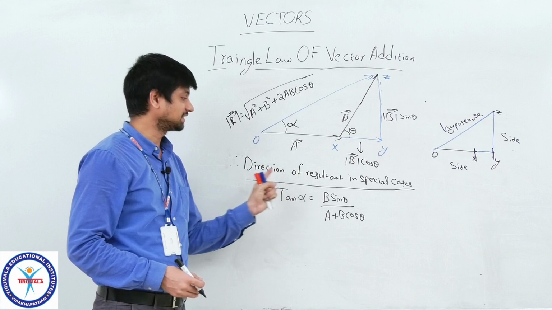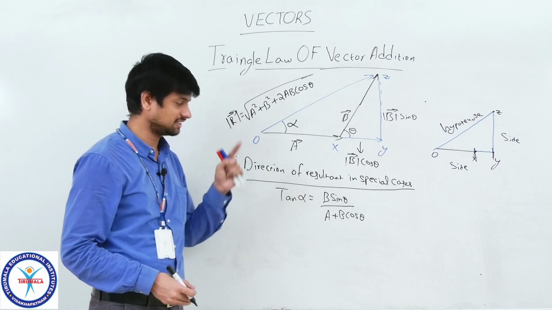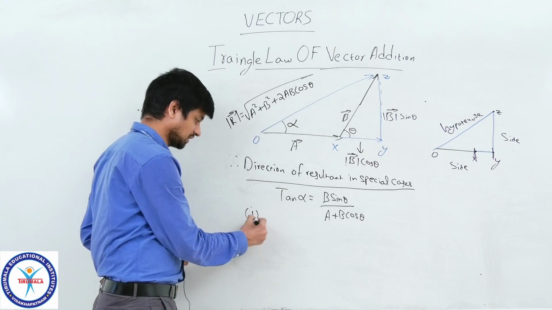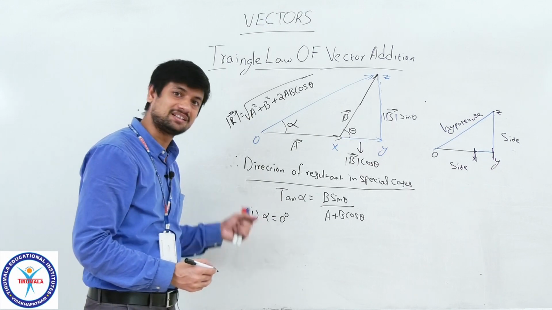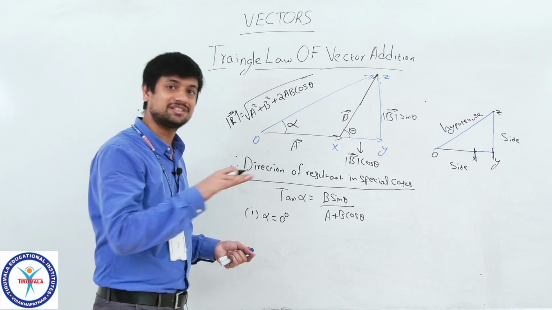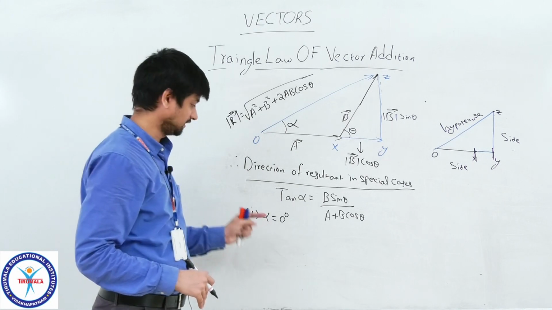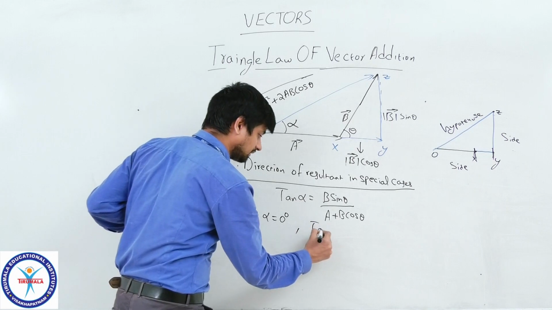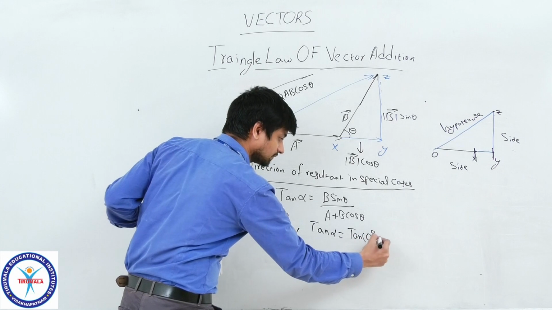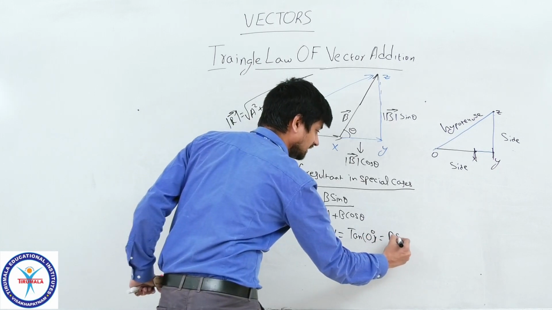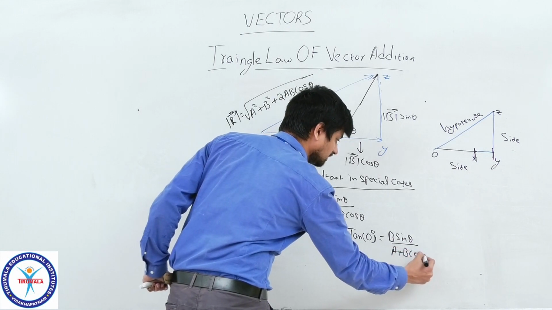Now special cases, while we are finding the direction of the resultant vector. What are the special cases? The first case: if alpha value is 0, that means the resultant follows the horizontal direction. Tan alpha equals tan 0 equals B sin theta by A plus B cos theta.